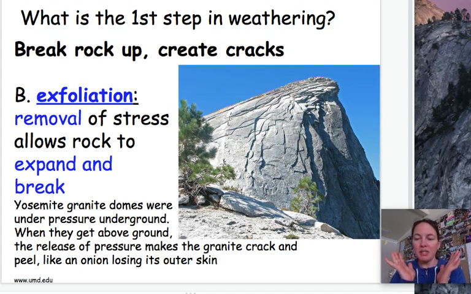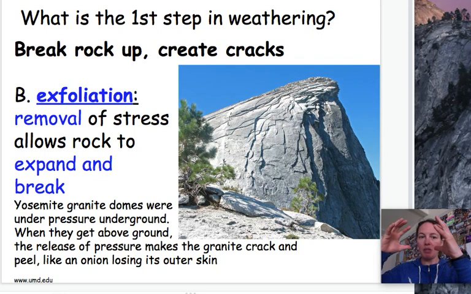We see this in Yosemite. Remember how last week we learned about how Yosemite and the Sierra Nevada are formed by this lava that actually stayed underground. It was this magma that hardened in the batholith underground, and then later with erosion, it came up and emerged as our mountains. What happened is underground, there's a lot of stress holding all this rock together.